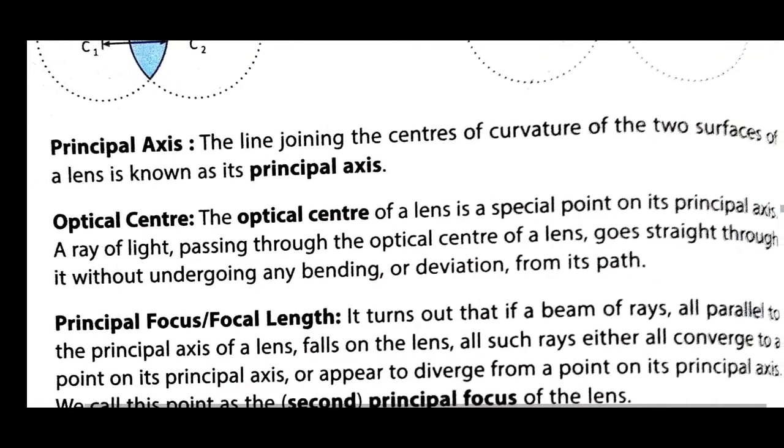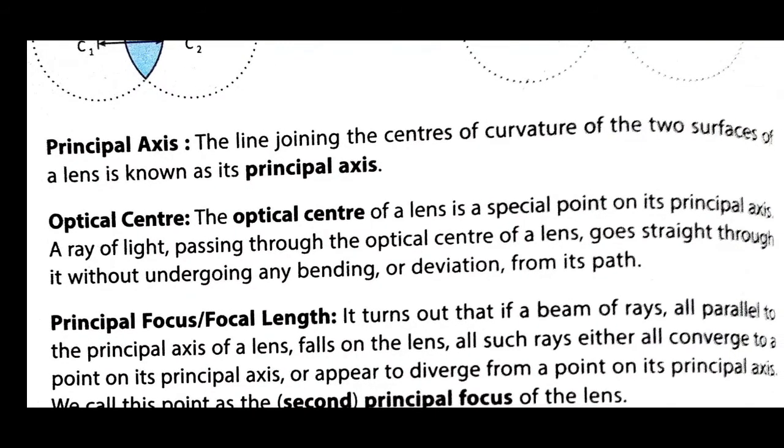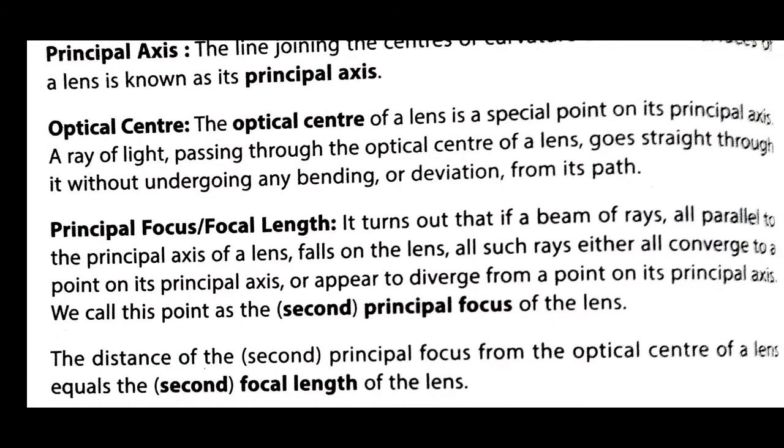Now, next one is optical center. In fact, optical center is the geometrical center of the lens. Optical center is geometrical center of lens, as like the pole of the mirror.